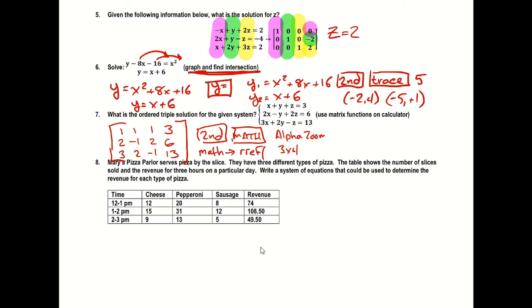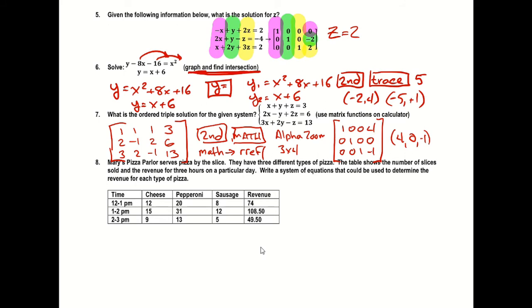That says 1 0 0 4, 0 1 0 0, 0 0 1 -1. And so our ordered triple here is 4, 0, -1. So x equals 4, y equals 0, z equals -1. And we're done.